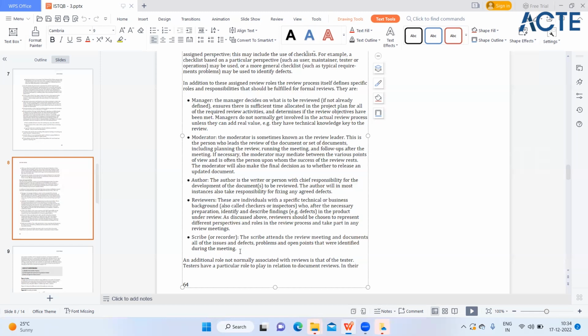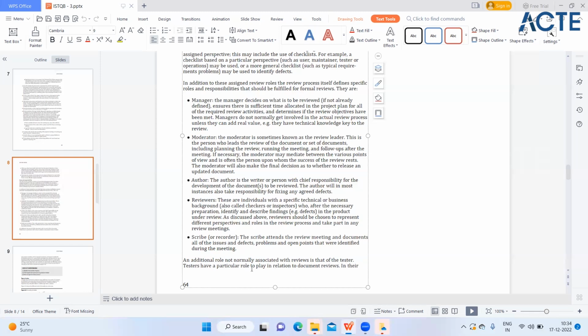So maybe that role will be assigned to the scrum master for the scribe or recording of things whenever we have any meeting. So this is called the scribe or recorder, who is actually recording things whenever we have a review. An additional role not normally associated with reviews is that of the tester.